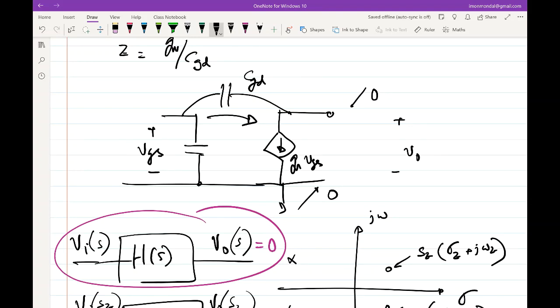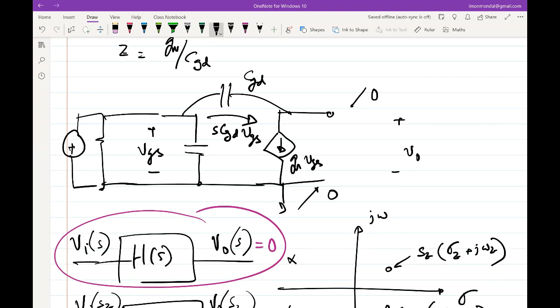This is S CGD times VGS. Why should VGS be 0? At that side, we are setting V naught equal to 0. We are not setting VGS equal to 0, right? Because input is still there. There will be some input, and that input will create some VGS.